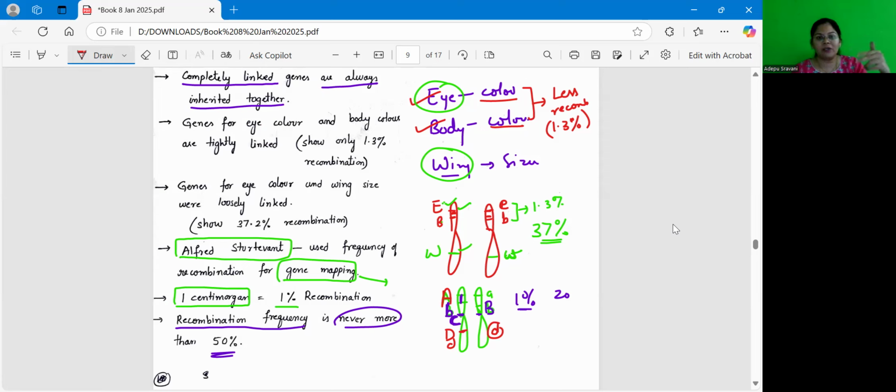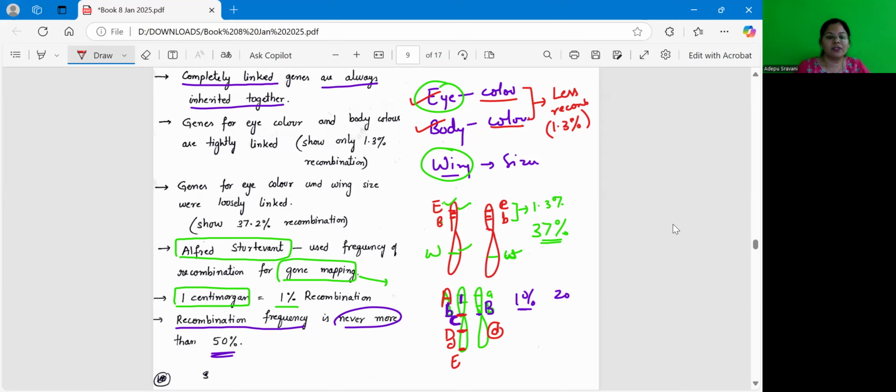It will not be 60 or 70 or 80. Clear? So that is the reason why we say that recombination frequency is never more than 50%. Once the location of genes has crossed 50% of the chromosome, even though it is present at the other tip of the chromosome, let us say E is present here, still the recombination frequency will be 50% only.